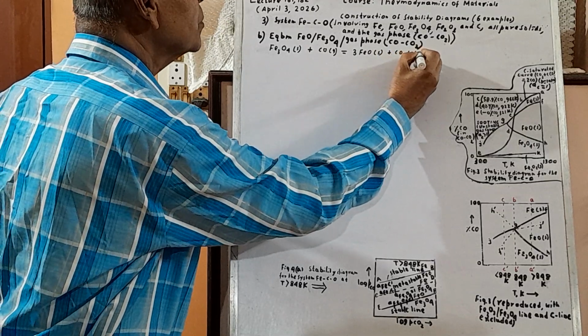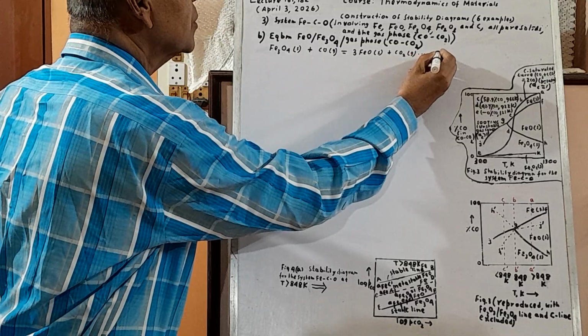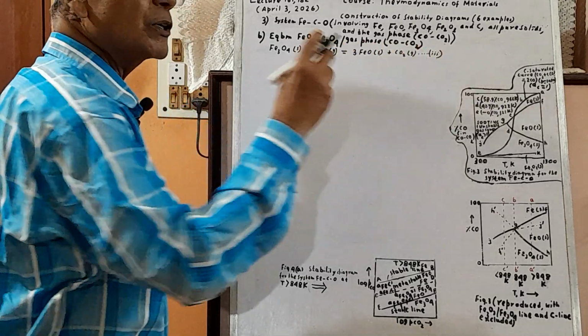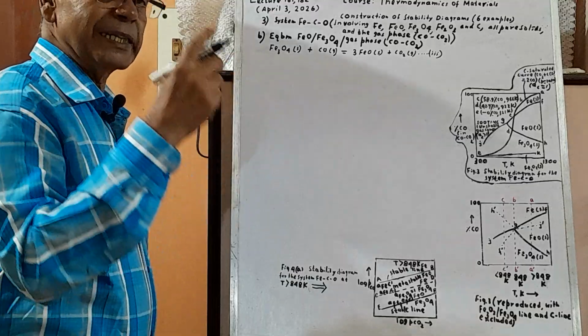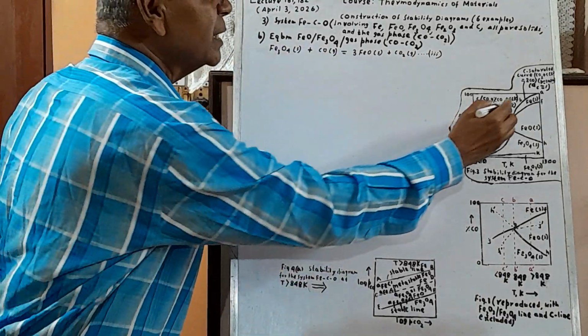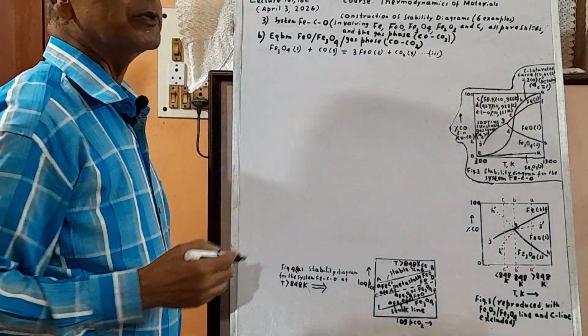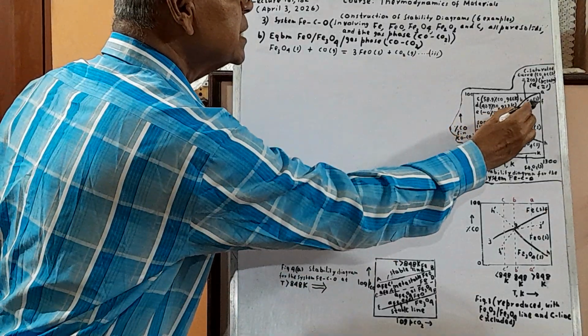Call it equation 3. 1 and 2 were already covered in A, means in the discussion of FeO equilibrium, that is the curve GCF.